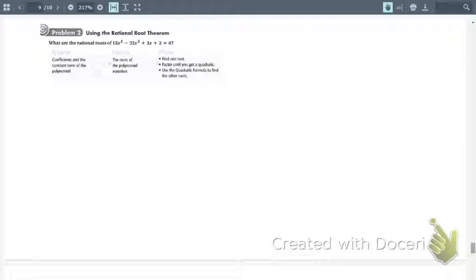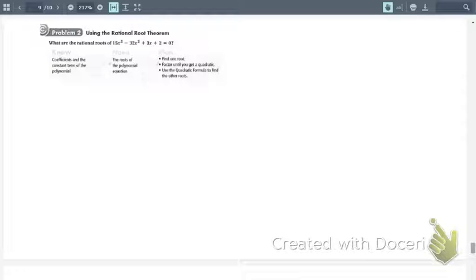Okay, problem 2, we're going to put everything together. We're going to put together why synthetic division is important from 5.4, and why the rational root theorem is important to help us solve polynomials of higher degree. So we have a degree 3 polynomial here, 15x cubed minus 32x squared plus 3x plus 2.